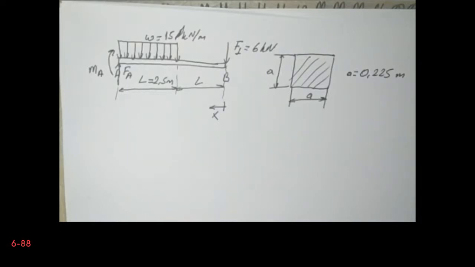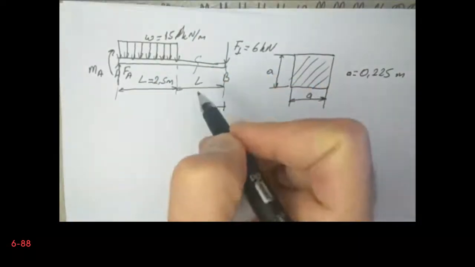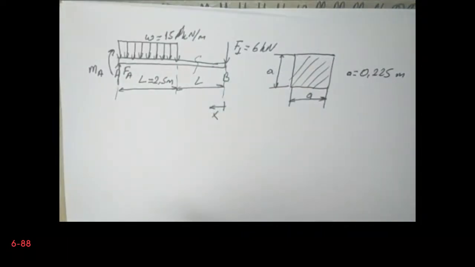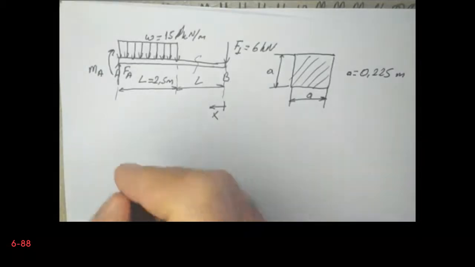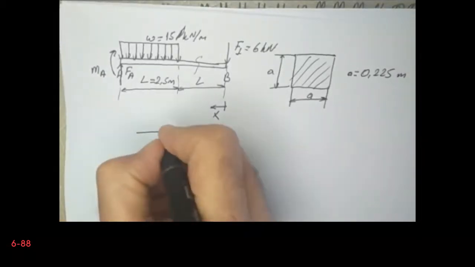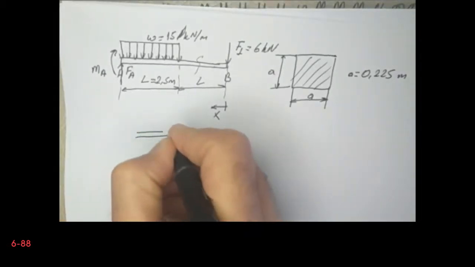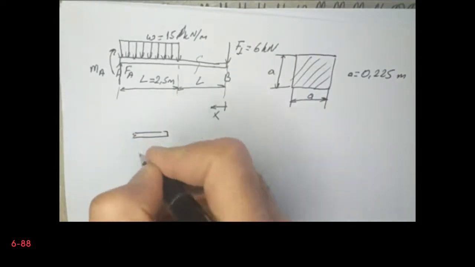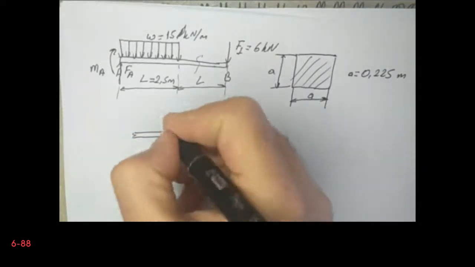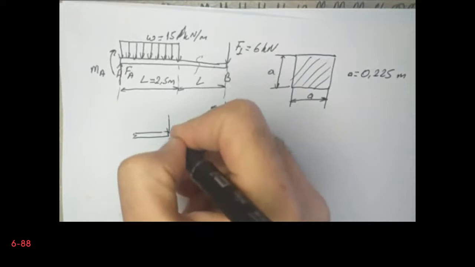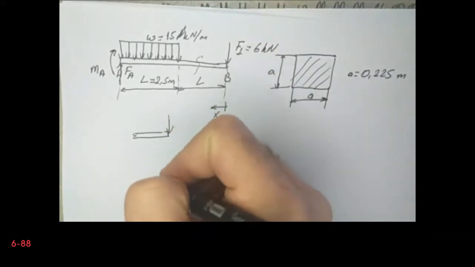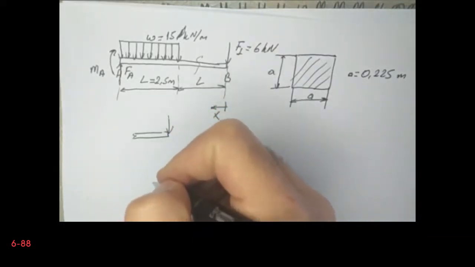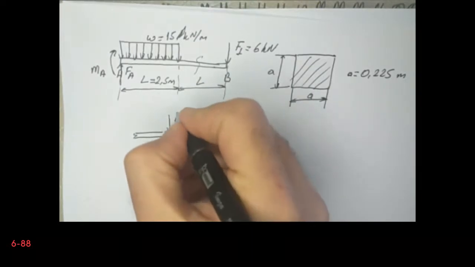So first I will cut the structure from here, somewhere between the distributed load and the point load. This will be my first cut. So this is my F1.